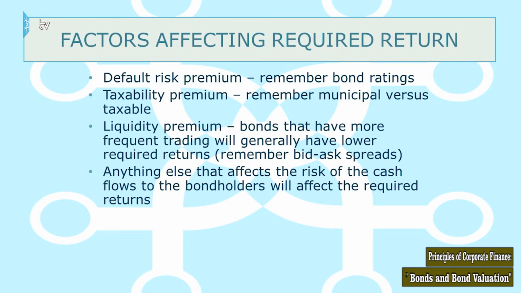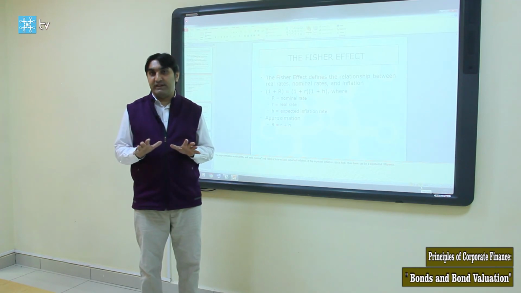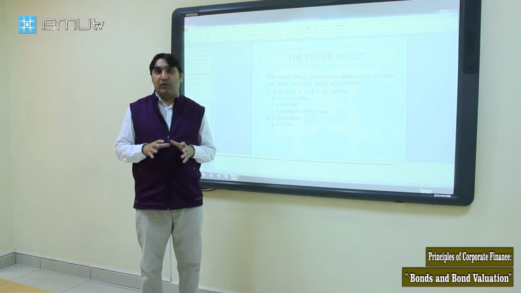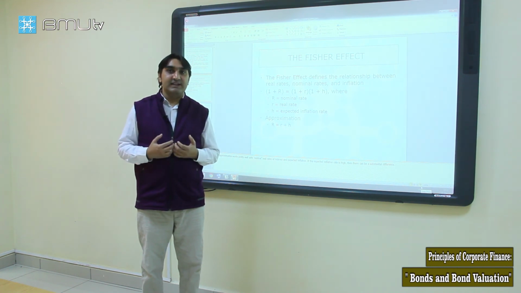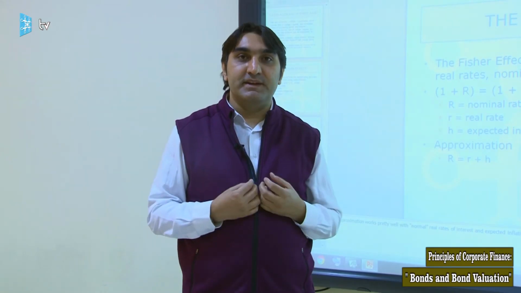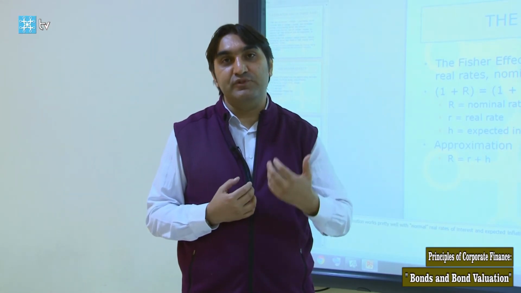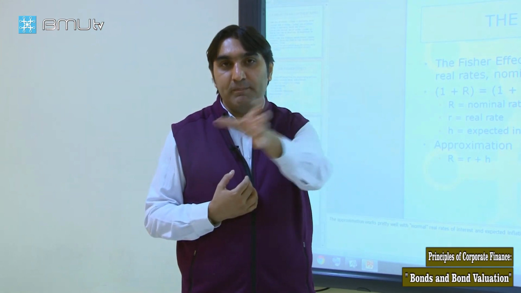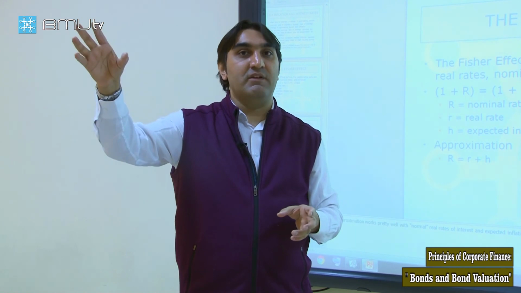So in general, bonds are debt instruments, and here we talked about valuation of bonds, pricing of bonds. As with all financial assets, the price of a bond is the present value of future cash flows. Future cash flows expected on a bond are coupon payments and face value at the end of the period.